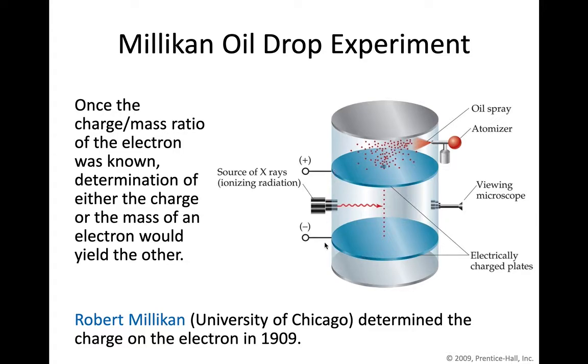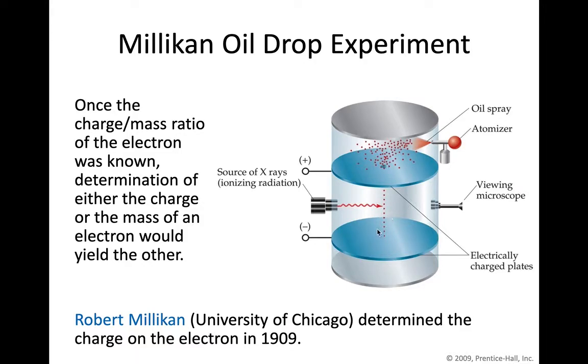And then he's able to tune the electric field between these two plates, make this plate more positive or this plate more negative, and see how that affects the speed at which that ionized drop falls. Because of course, a negatively charged particle would be attracted to the positive plate, repelled by the negative plate, but would also feel a downward force by gravity.